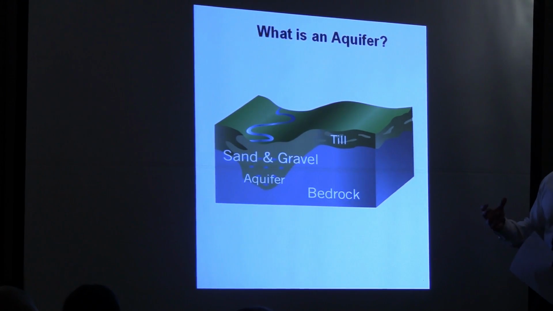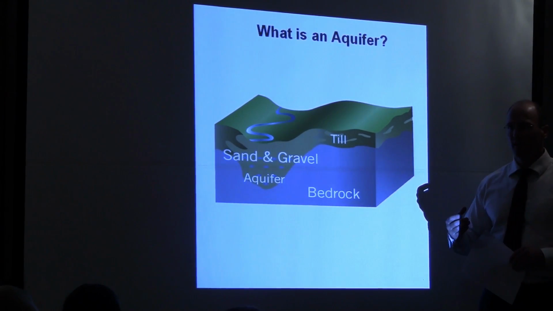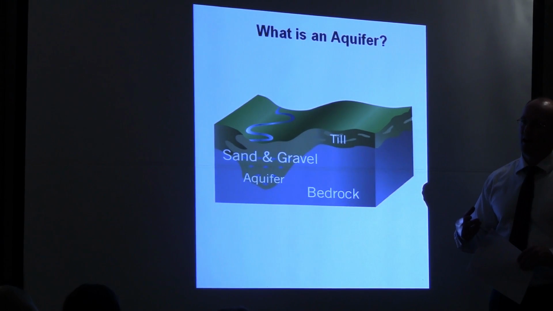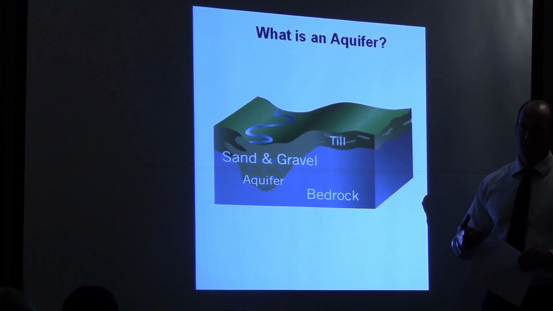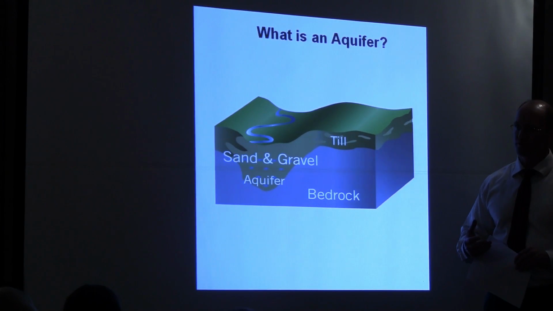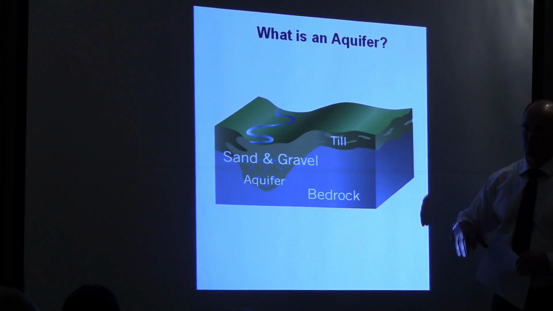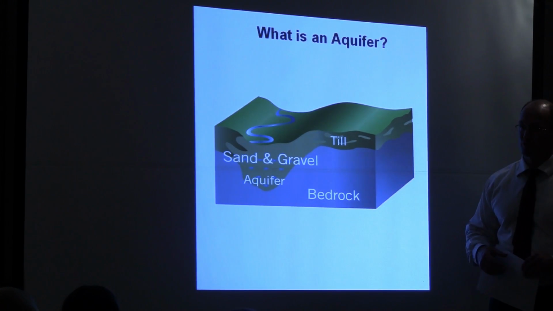In particular, it has a lot of relatively large pores between the soil particles. And as water infiltrates down through the ground, it accumulates in those pores. When you've got large deposits of gravel, you can get large accumulations of water.